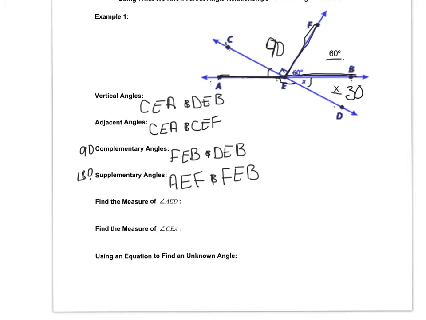So if this is 30 degrees, then the whole thing has to be 180. So this measure, angle AED, has to be the difference of 180 and 30, which tells me that angle AED has a measure of 150 degrees.